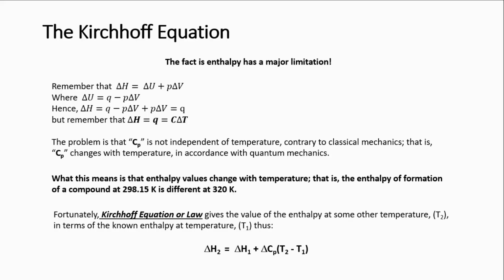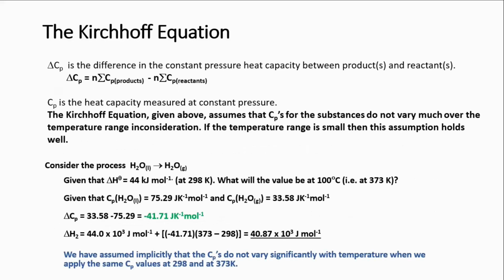He's saying that the new enthalpy change, delta H2, is equal to the old enthalpy change, delta H1, plus the change in constant pressure heat capacity in going from one temperature to the other, where T2 is the higher temperature and T1 is the lower temperature. So using this equation, you can calculate the new enthalpy value.